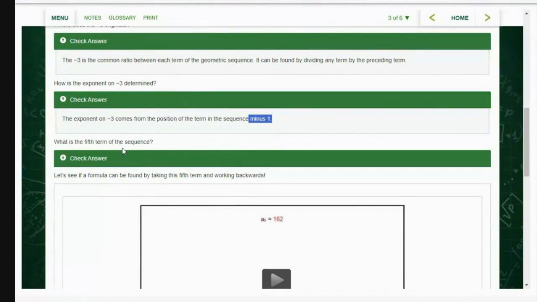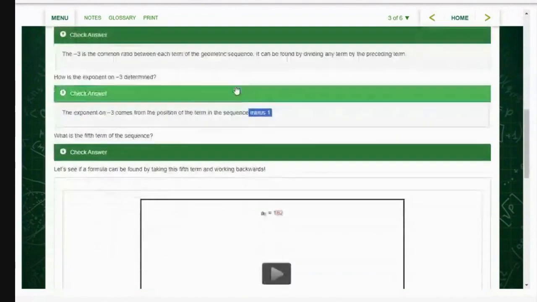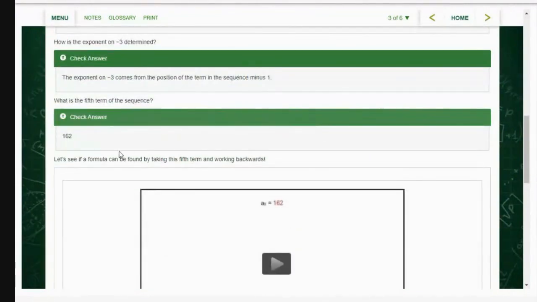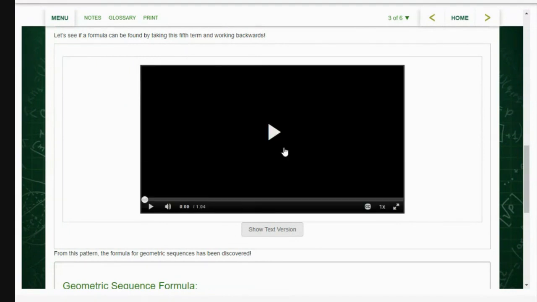So what's the fifth term? The fifth term would be 2 times negative 3 to the fourth, which is positive now. When we multiply that out, it should be 162. Yeah, there it is. Let's see if a formula can be found by taking this fifth term and working backwards.